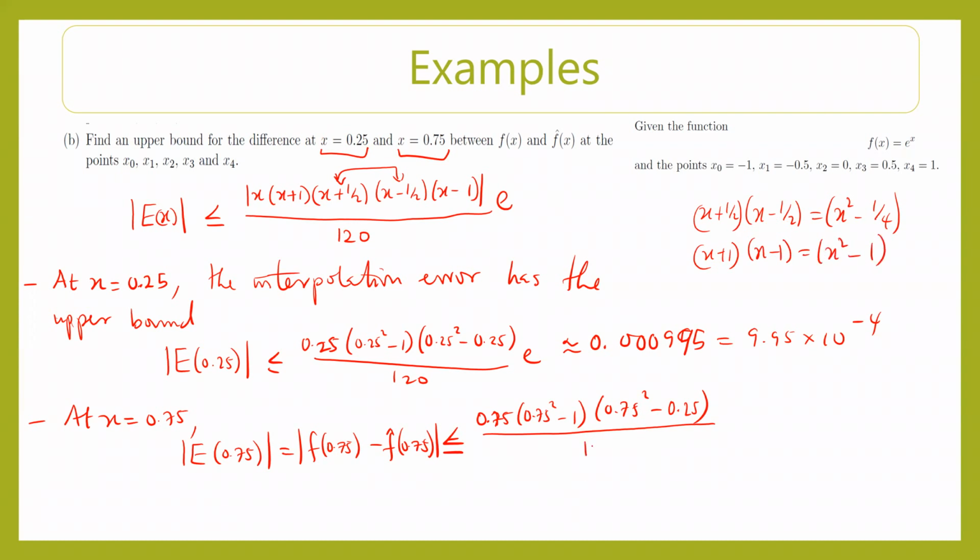All right, so over 120 times e, this is approximately 0.00233, which is approximately 2.323 times 10 to the minus 3.